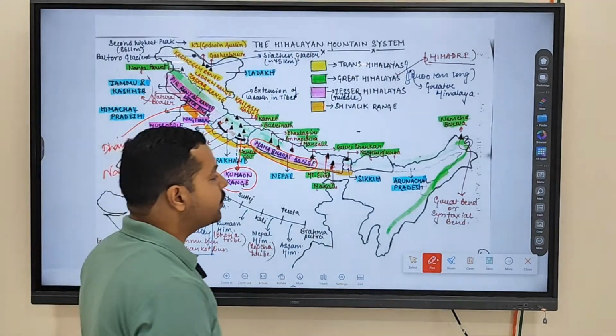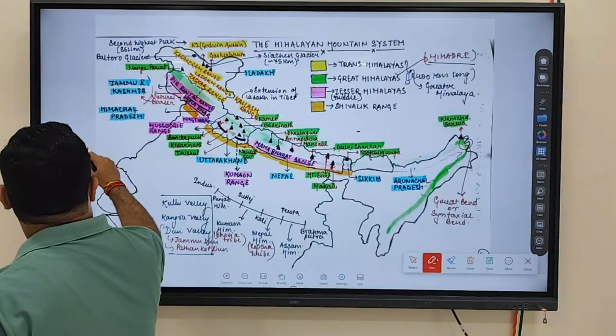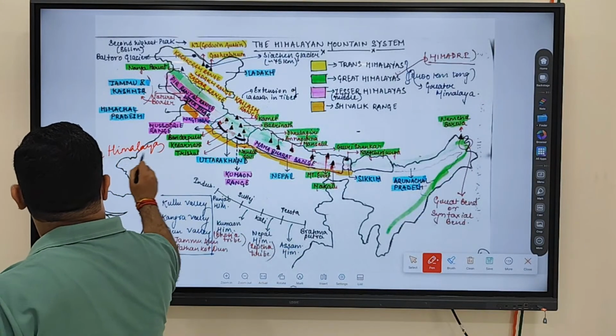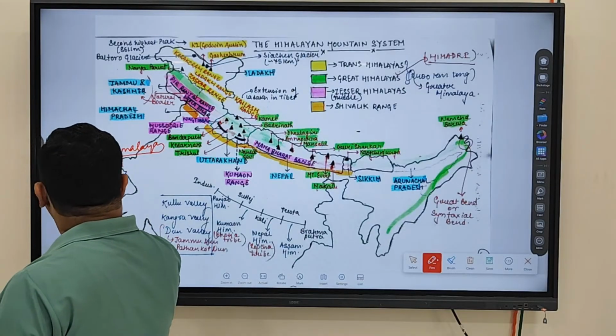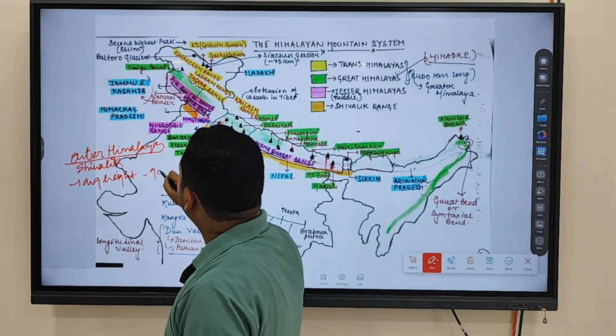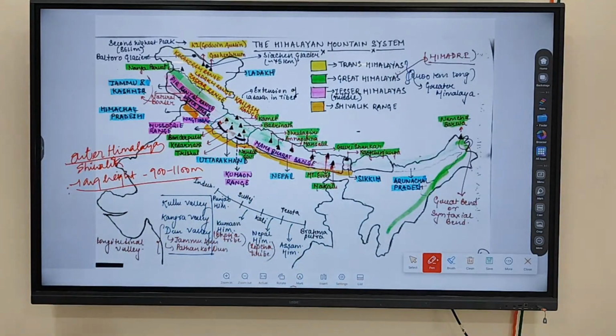Last that you have is the Outer Himalayas, or we call it Shivalik. Now Shivalik has an average height of around 900 to 1100 meter, so much lesser in height.